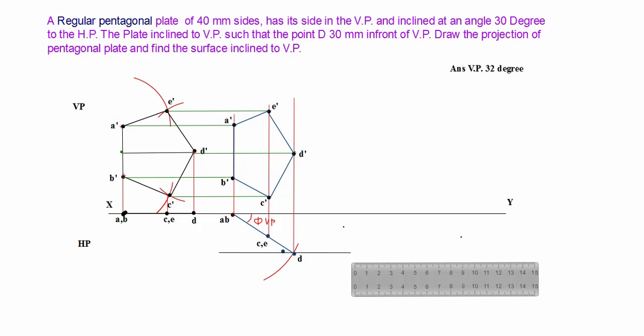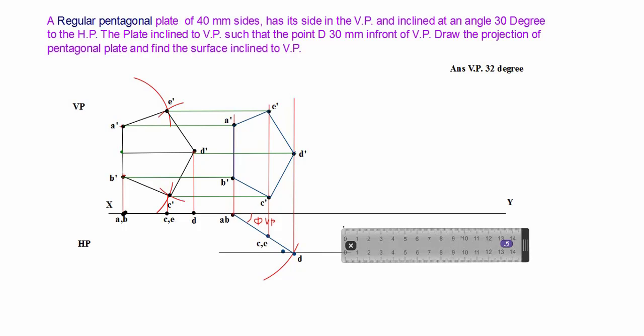So here you have the tilted plate inclined with VP. Now friends, the third stage of the problem. The side which is on VP plane, A dash B dash, the AB side up to second stage, is perpendicular to HP, 90 degree with HP plane. Now it is inclined to HP 30 degree.